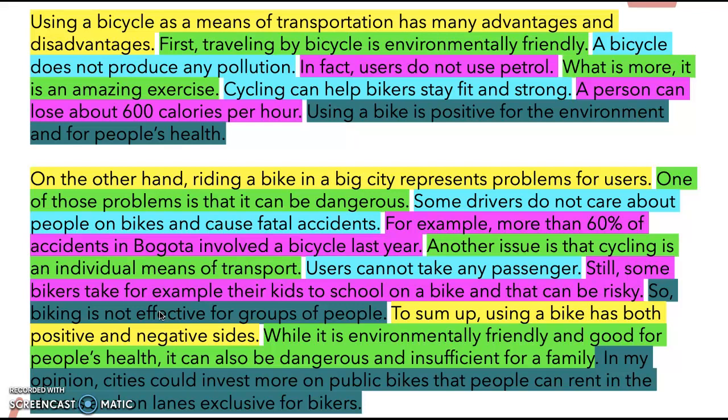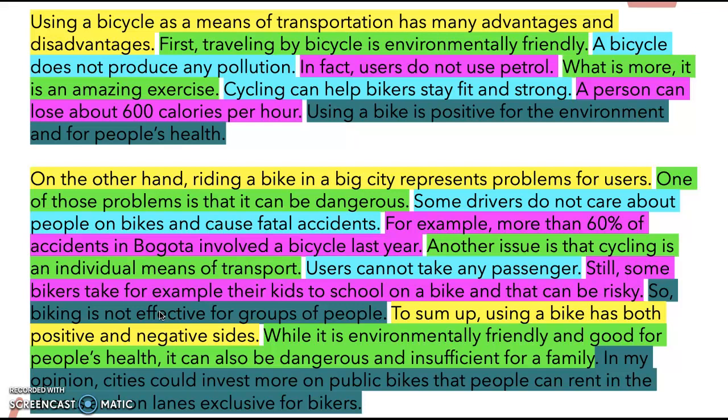The second paragraph, as you can see, is longer. Why? Because we have our conclusion, right? So at the beginning, we have our topic sentence, which tells us that riding a bike is problematic. So it shows us that this paragraph is about the negative aspects.